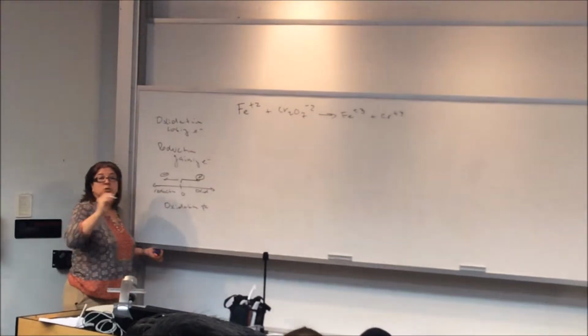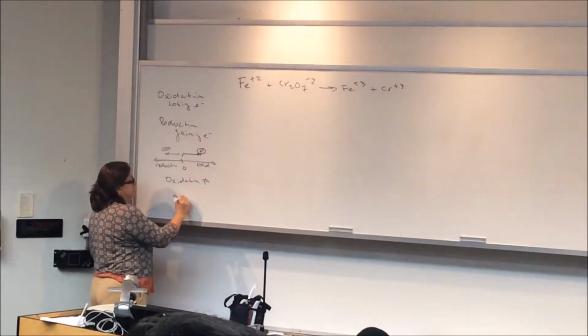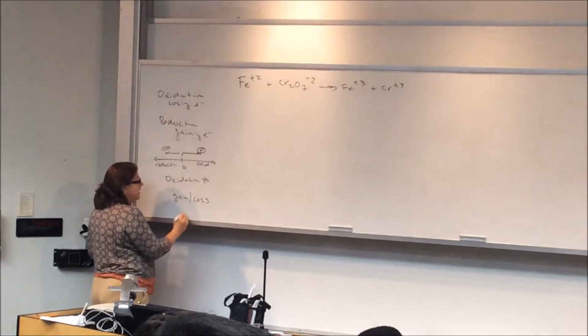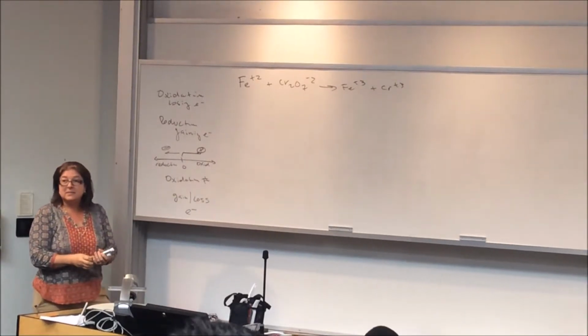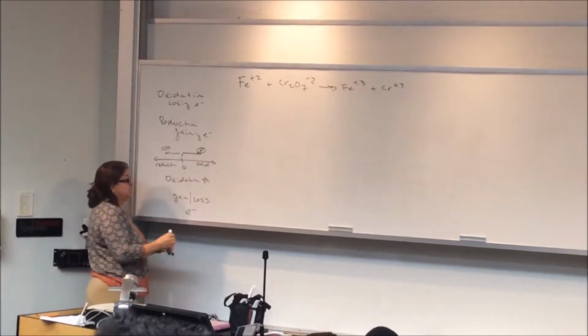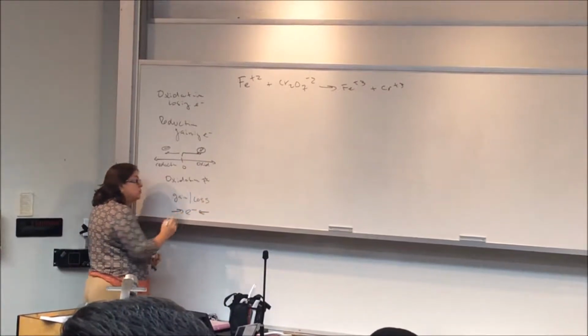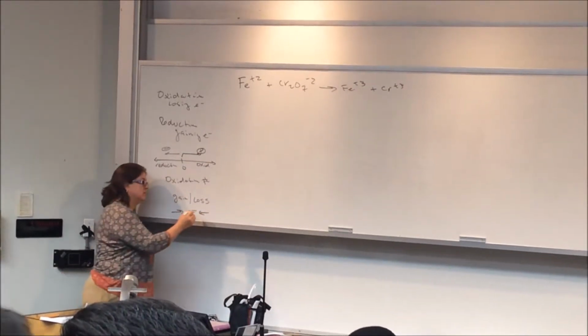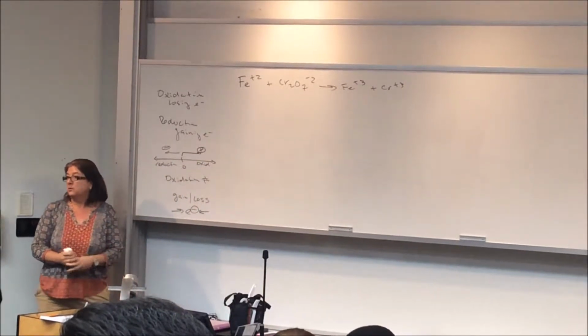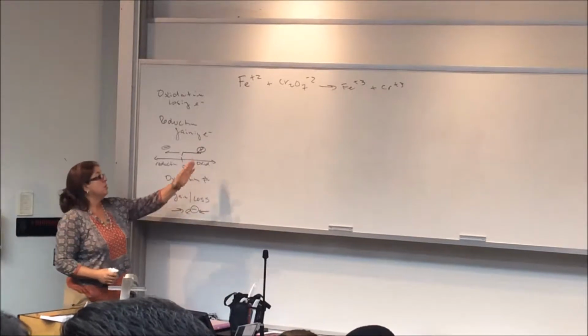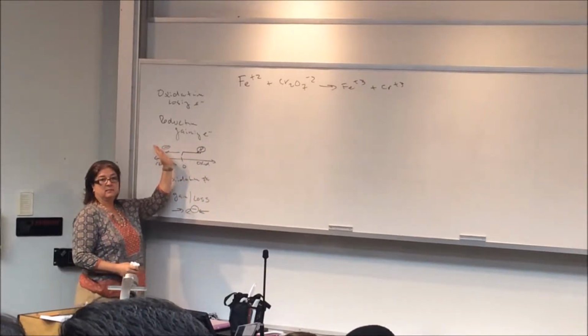Don't forget that your gain and loss is a negative thing. And that is an issue because that confuses people. You are gaining and losing negative things. So when you gain electrons, you're increasing your negativity.